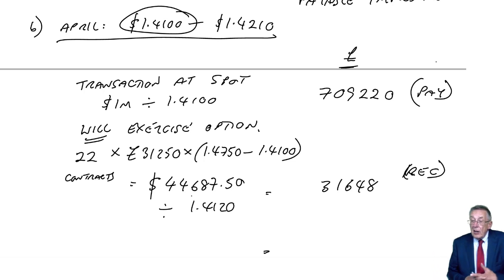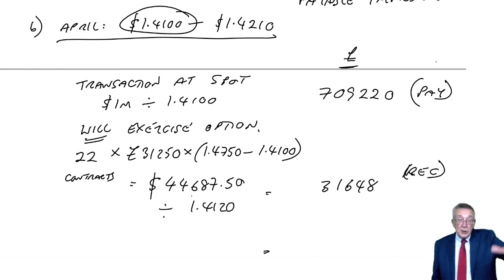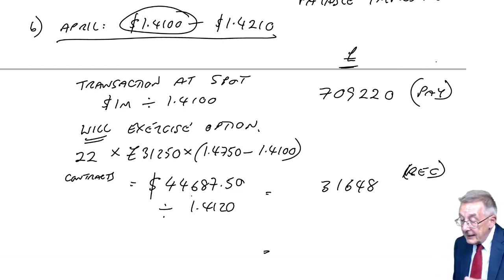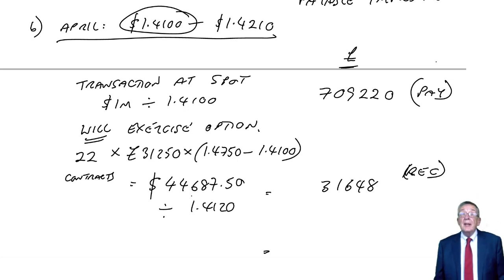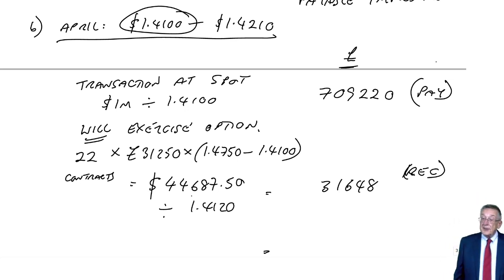We'd only got the option on a fixed number of contracts. So because it's gone worse, we claim back from the dealer the difference between the two rates, strike price and spot rate. We claim back that difference on the number of contracts.